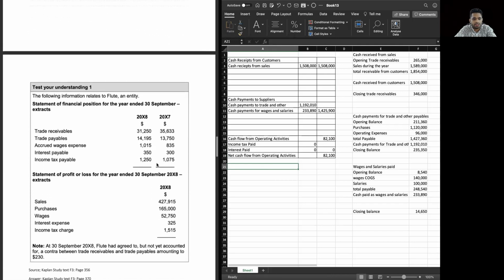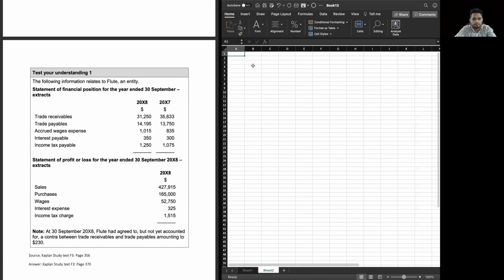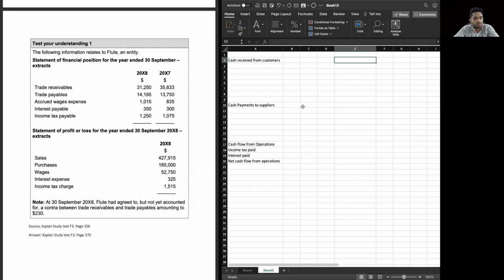The next one, you will see your test your understanding question number 1. So we put down the format for test your understanding question number 1. Let's start dealing with that question. So again, I'll be moving towards the statement of profit or loss, where I'll be basing all my calculations.